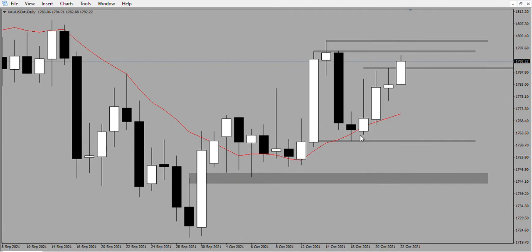This is where we started trading this week. Tuesday was a little bit tricky, but it was also a good trading day. We had a couple of losses, actually, we broke even on Tuesday. Wednesday was also a good trading day, but I was not much involved on Wednesday.